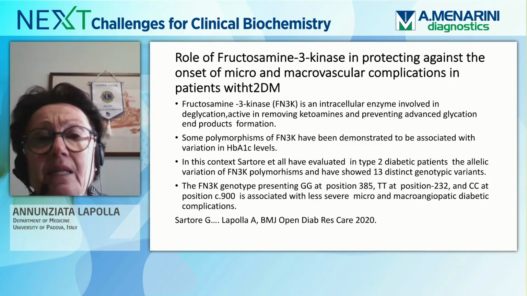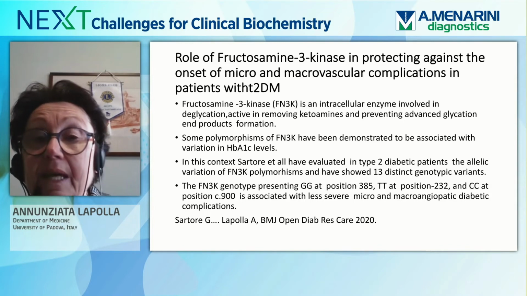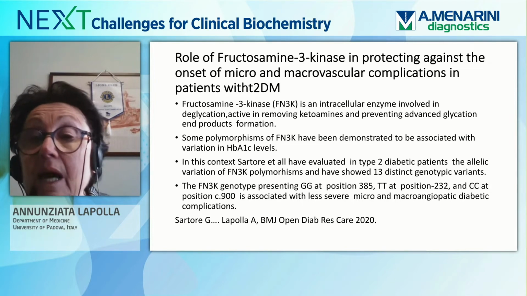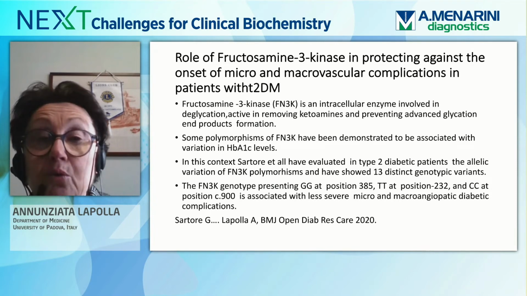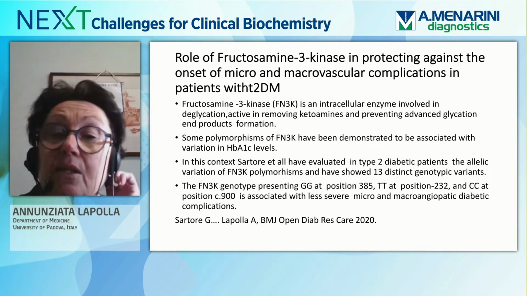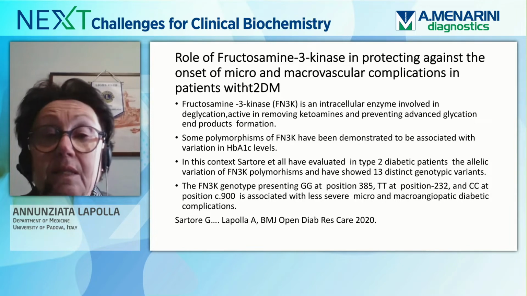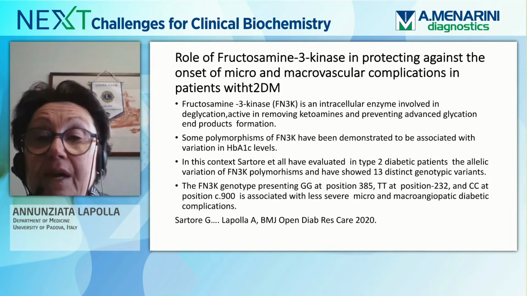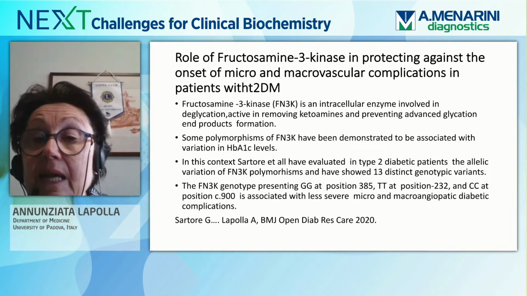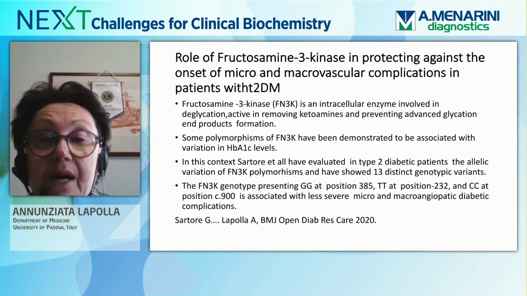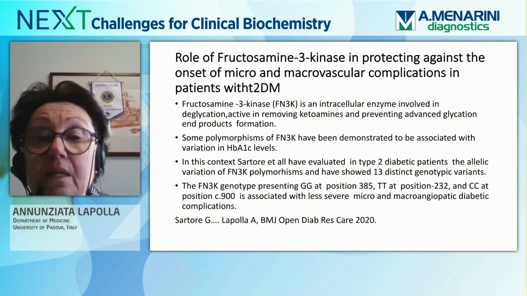In this context, fructosamine 3 kinase, FN3K, is an intracellular enzyme involved in deglycation, active in removing ketoamines and preventing advanced glycation end products formation. And it has been demonstrated that some polymorphisms of FN3K are associated with variation in HbA1c levels.